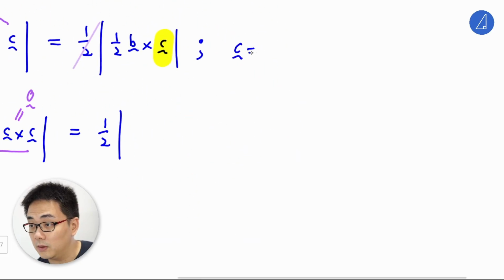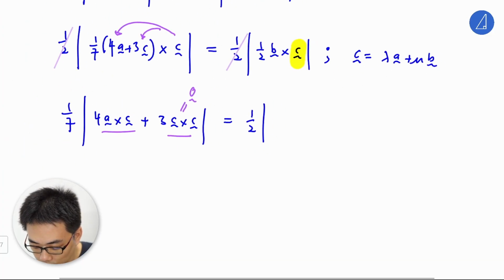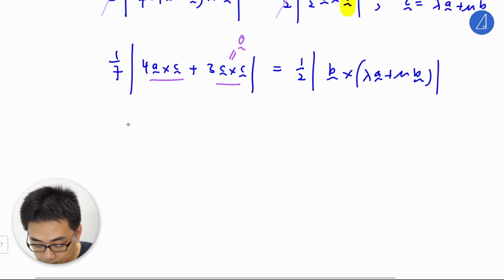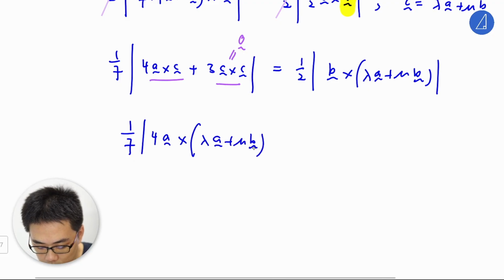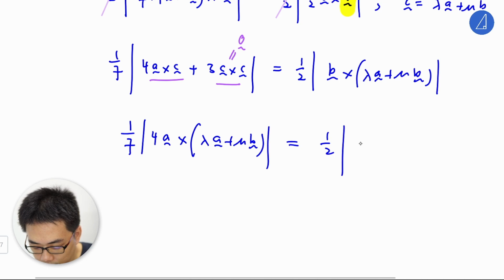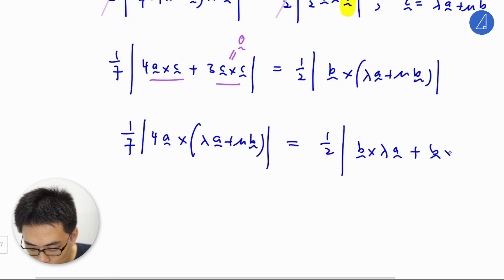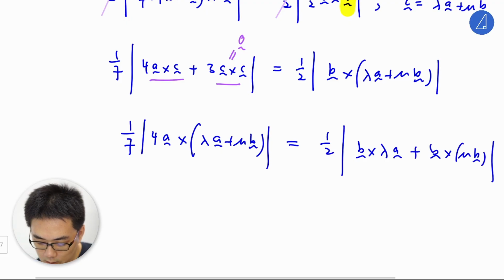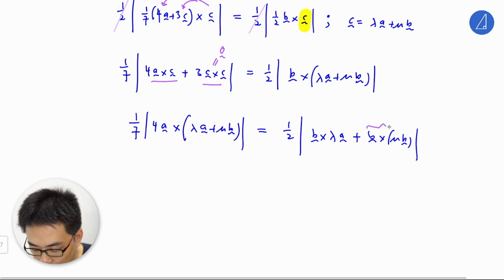C is equal to lambda A plus mu B. So this will be B cross with lambda A plus mu B, and the same thing with this one, lambda A plus mu B. Parallel vectors, when they cross, give the zero vector.